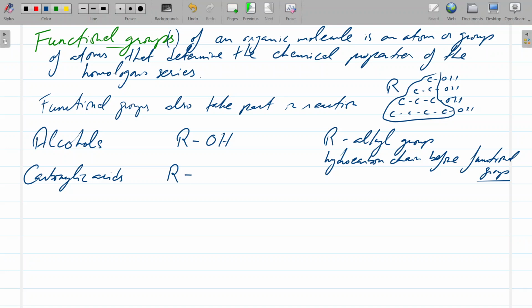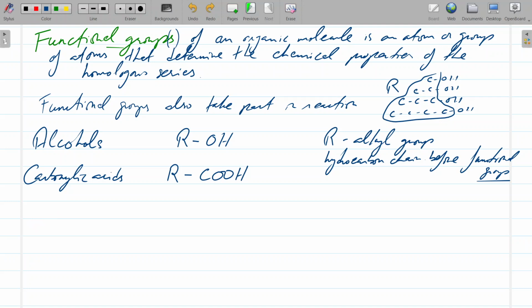The functional group is COOH. I shouldn't say it's a molecule, it's a group of atoms, because it looks like this. You could consider it a molecule, I guess.